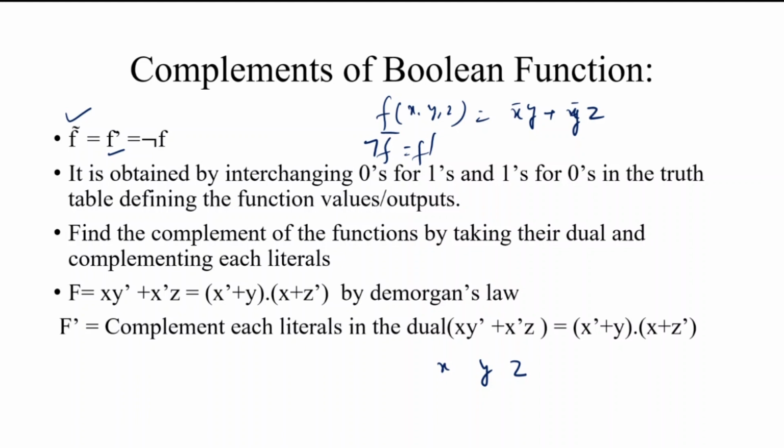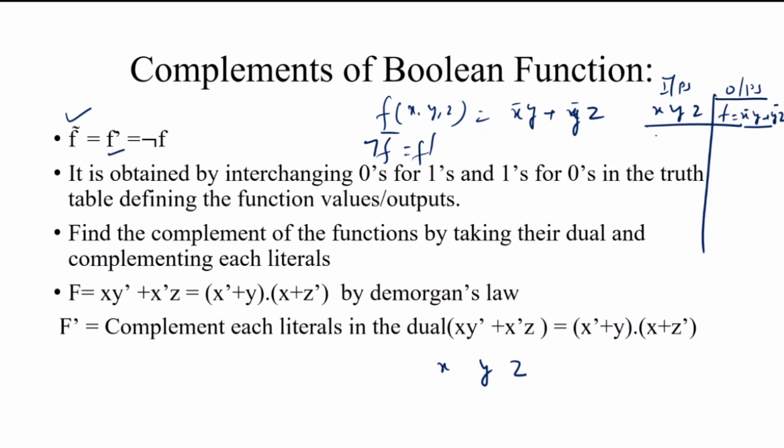Simply here x, y and z are the input variables, and what is the output here? The output is written as f in the form of x complement y plus y complement z. How do we obtain the output of this?